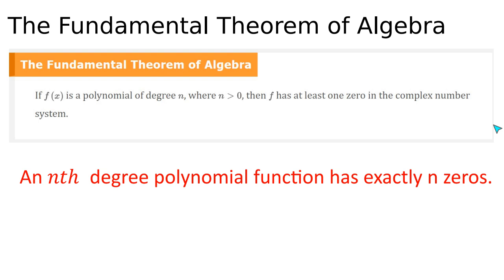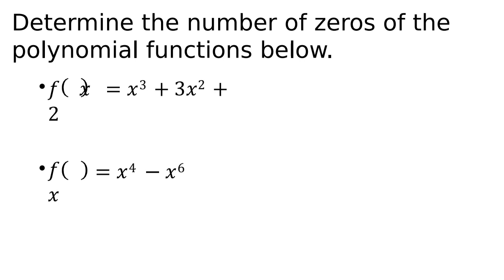Now we have the fundamental theorem of algebra. If f of x is a polynomial of degree n, where n is greater than 0, then the function has at least one zero in the complex number system. So the degree of the polynomial is going to tell us exactly how many zeros it has. For example, here it says determine the number of zeros of the polynomial functions below.